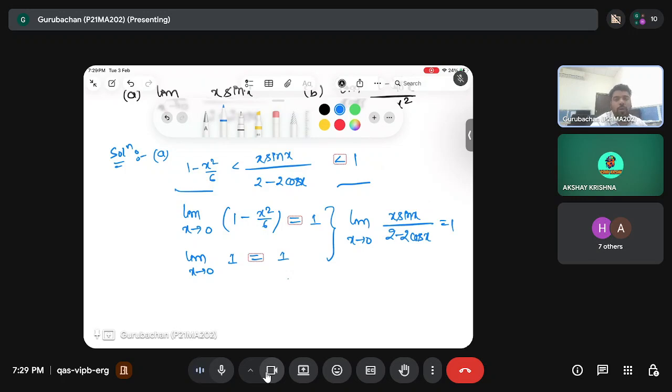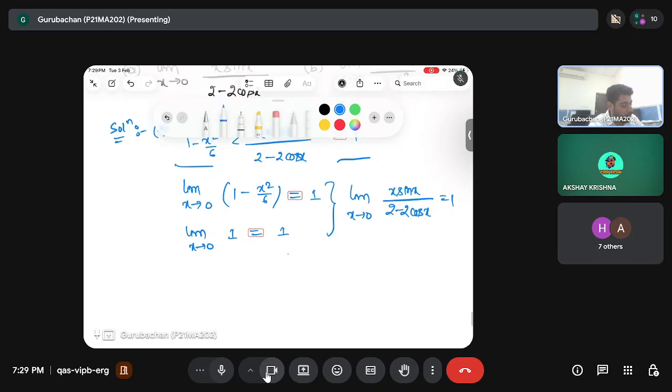And there is one more rule that is known as L'Hopital rule, that is used with derivatives. We can also use that one. It tells you that limit x tending to c of f(x) by g(x) is the same as limit x tending to c of f dash x by g dash x.